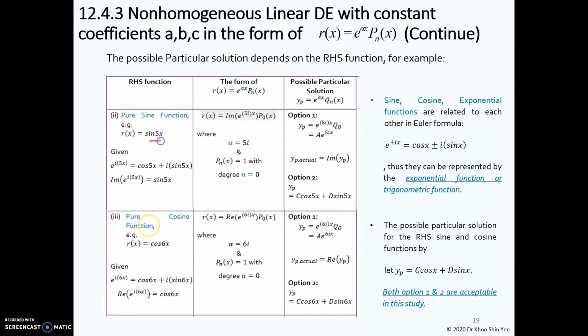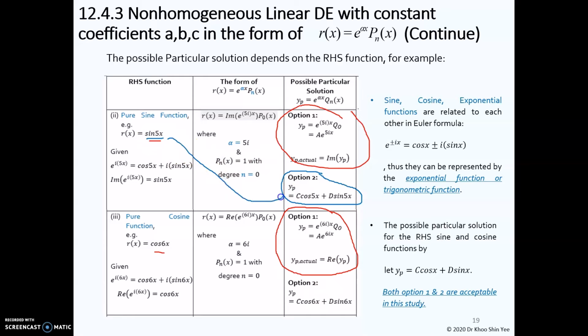If your function is a sine or cosine function, we can use the first option, which is the exponential format, to solve the particular solution. Instead of option 1, there is another alternative, which is option 2 here. For sin phi x, you can propose the particular solution equal to c cos phi x plus d sin phi x.